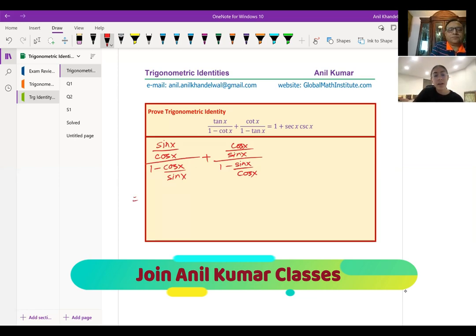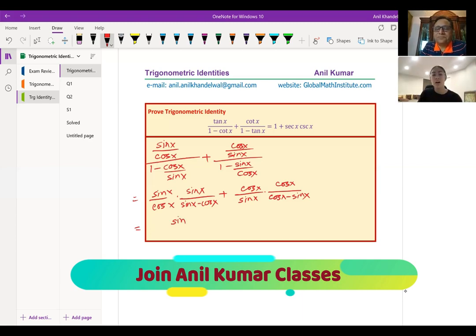From that step, you want to turn your 1 into sine x over sine x, minus cos x over sine x, just so that you can have that together.